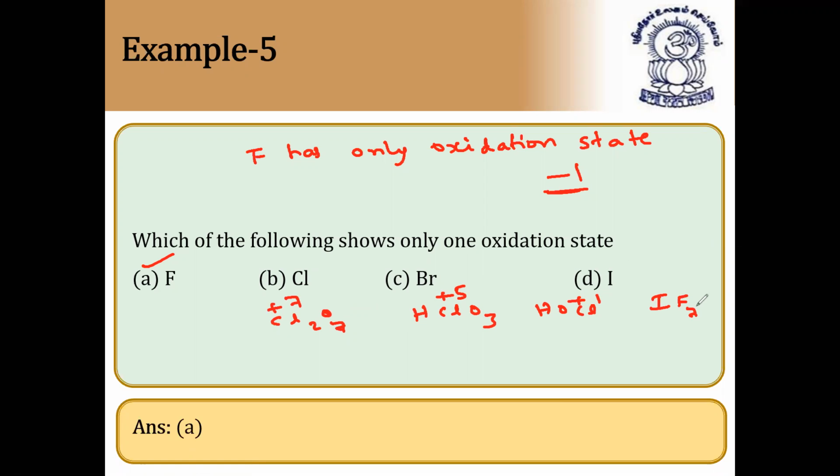It is +7. So other elements in this group will exhibit other oxidation states, depending on the compound. But fluorine is the only element which exhibits only one oxidation state. In the entire periodic table, only fluorine will have the same. So answer is A. I hope it is clear. Next question.